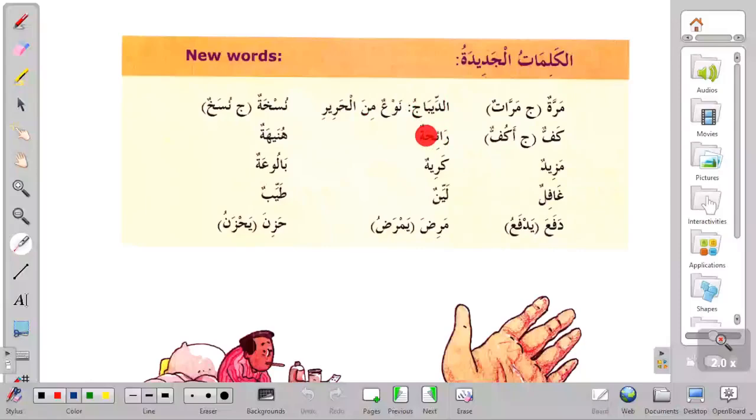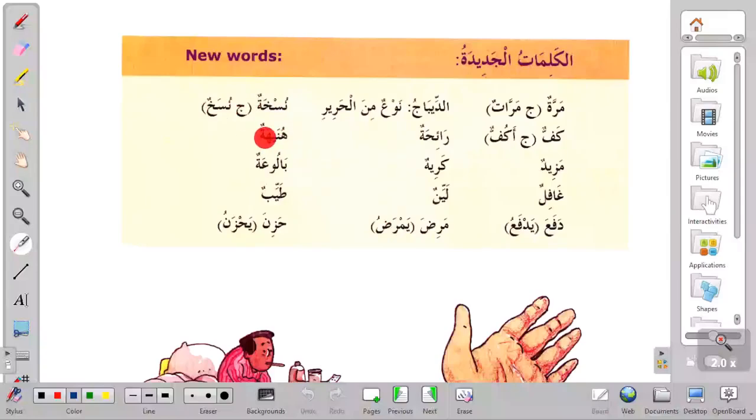Ra'ihatun means the smell or odor of something. Karihun means disliked, something that is foul. Layyinun, of course, is soft. Marida, he fell sick, yamradu, he is falling sick. Nuskhatun is a copy, and the plural is nusakhun, several copies.